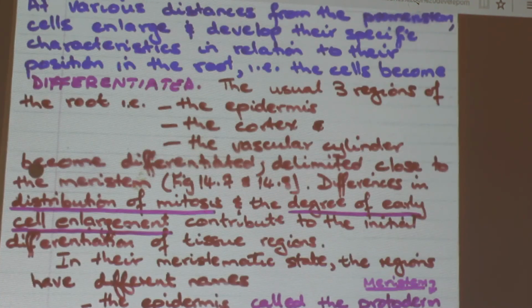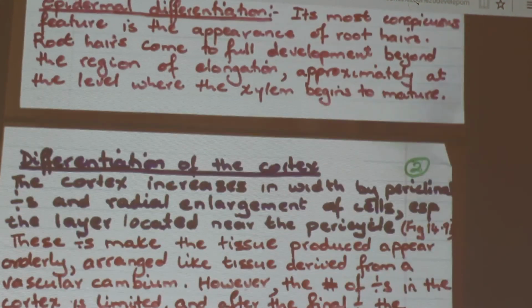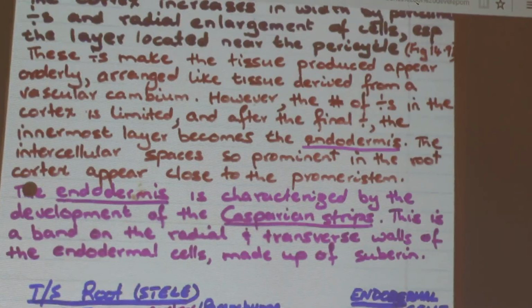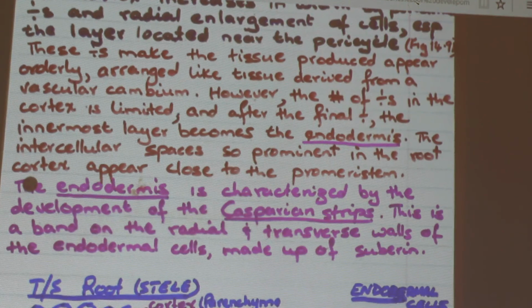Okay, everything I have said is explained in all these pages, except what I'm about to tell you now. If we have done our practicals, we would realize that in the root, in the stele, we have a special group of cells which we call endodermal cells.